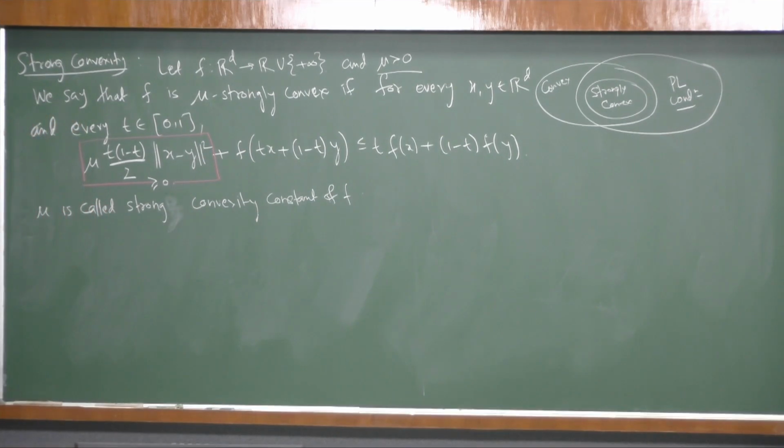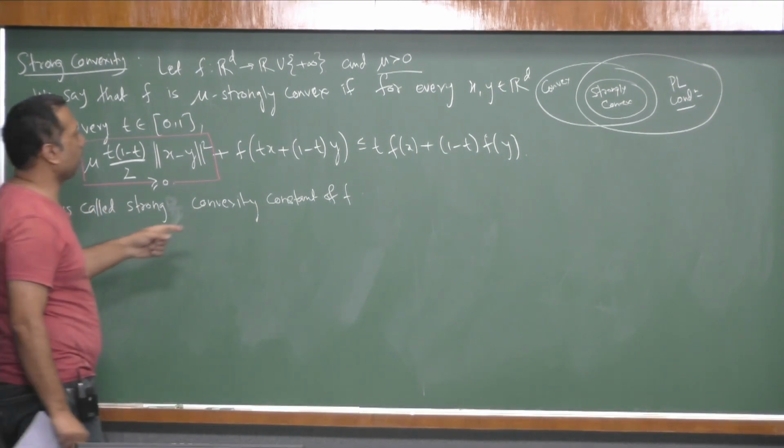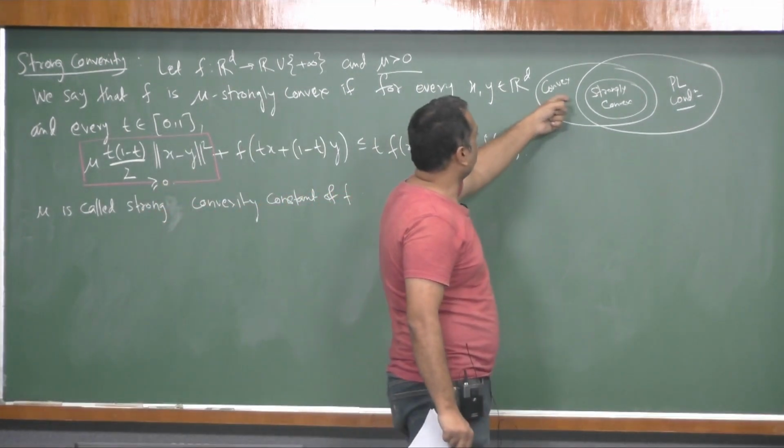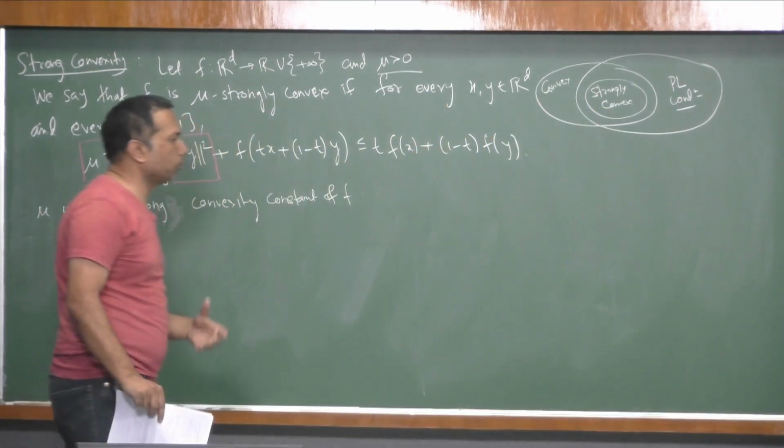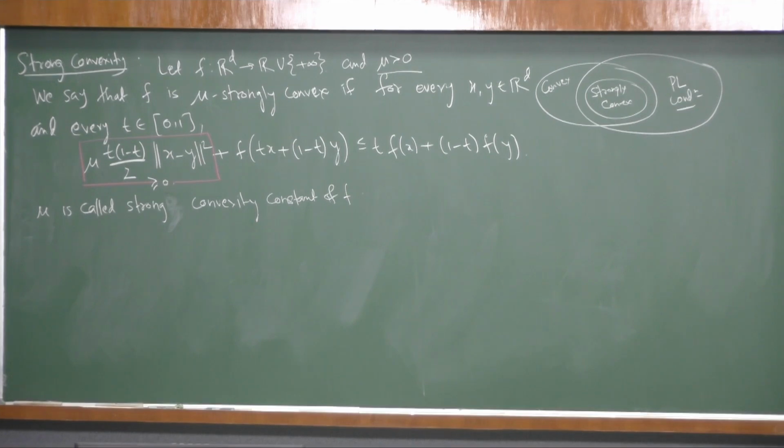Okay. So one of the natural things is, if I have a convex function, can I make it strongly convex, right? What am I supposed to do to make it strongly convex? So this next result tries to answer that.